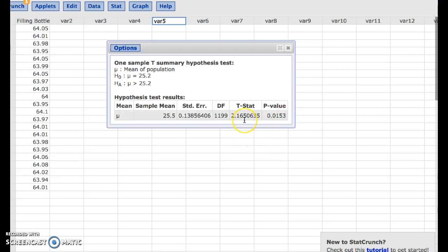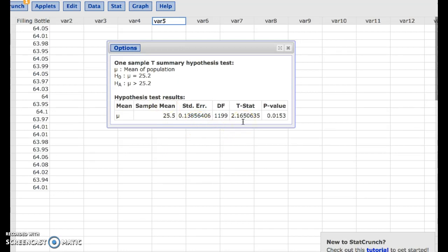So let's think about this test statistic first. This is telling us that our sample mean is a little bit over 2 standard deviations above 25.2, if we're expecting the mean to be 25.2. So even though there's not that much difference between 25.5 and 25.2, the standard error is small enough that the difference is actually 2 standard deviations.